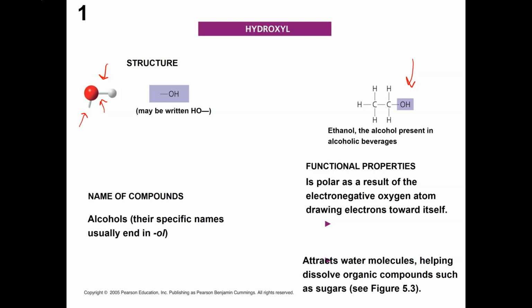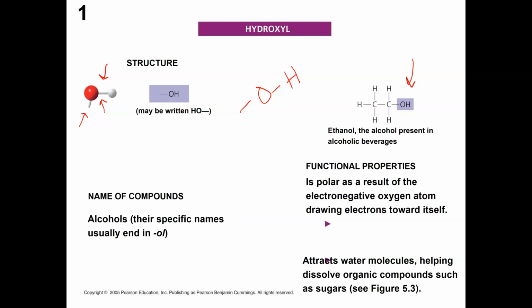So a more clear way of writing this out would be like that, where you see the oxygen has its two covalent bonds indicated by lines, and one is going to attach to the other molecule, and the second covalent bond attaches the oxygen to the hydrogen.